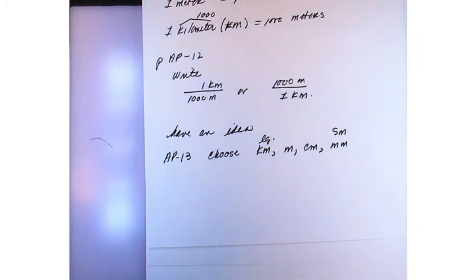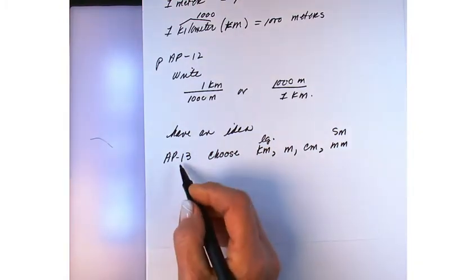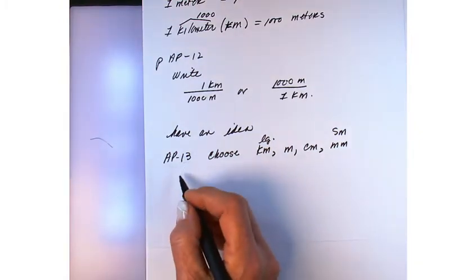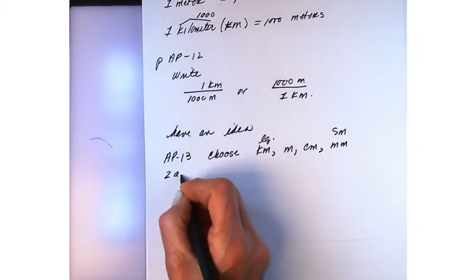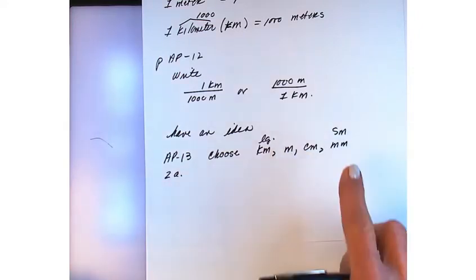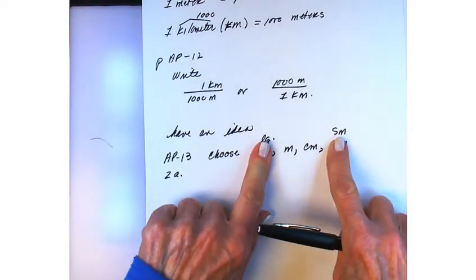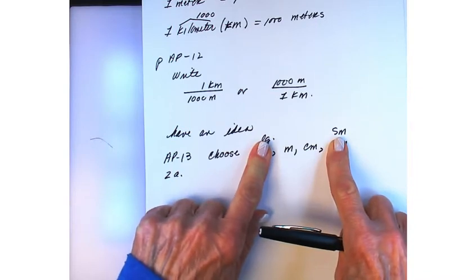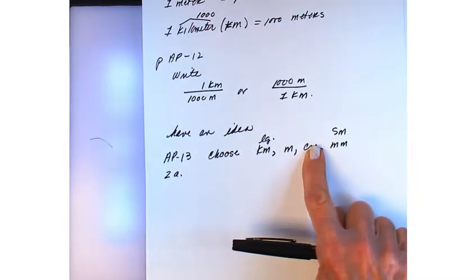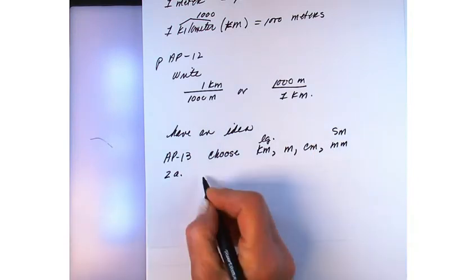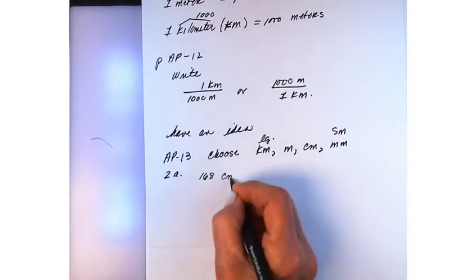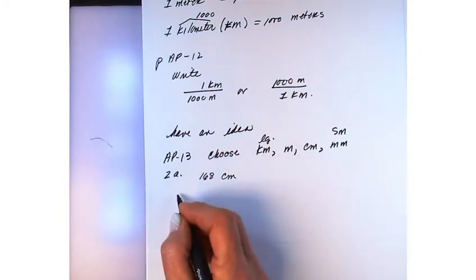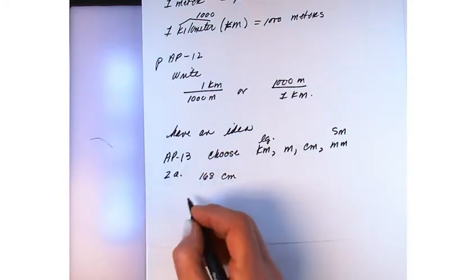I am on page AP13. I'm sorry about that. Looking on down, we're looking at 2A, a woman's height. Well, we certainly aren't going to measure her in the largest or the smallest, so we want to have an idea. We want to look at the numbers here, 168, which is pretty large, so we're going to choose centimeters. A meter would be way too large.